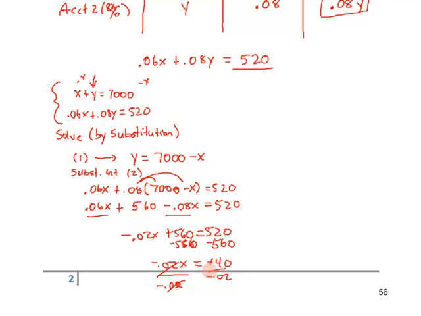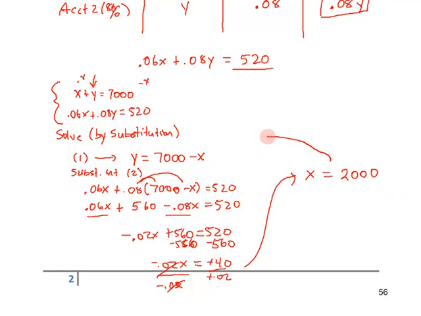The negative divided by negative becomes a positive. So 40 divided by 0.02 gives me 2,000. So that says that I have 2,000 of my dollars invested in the 6% account.